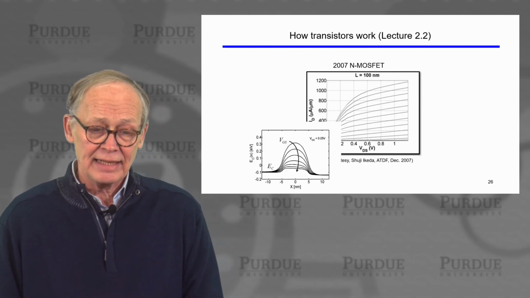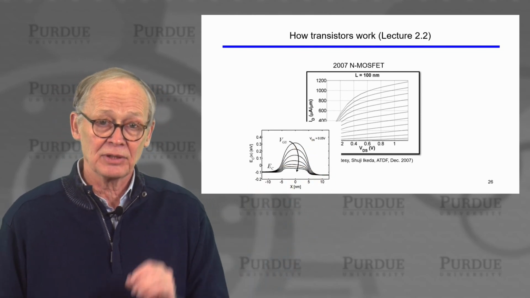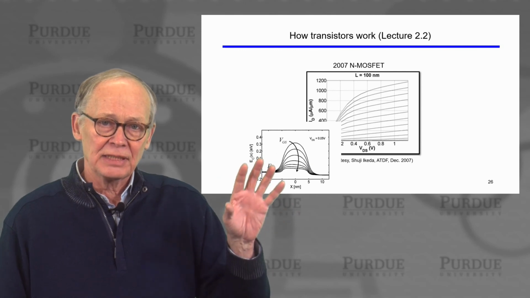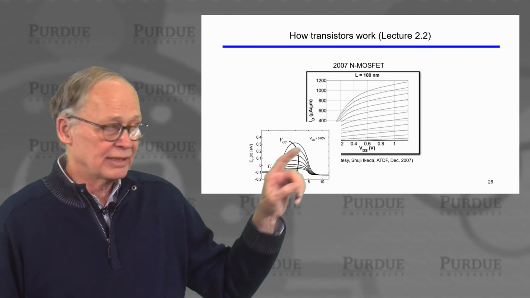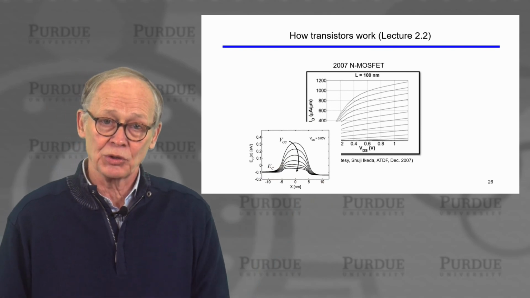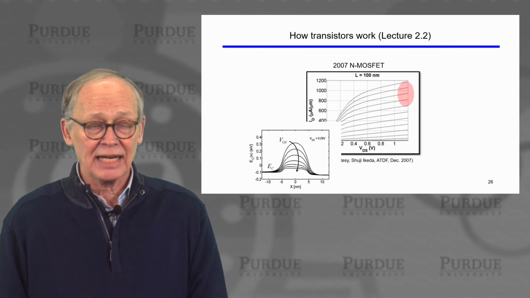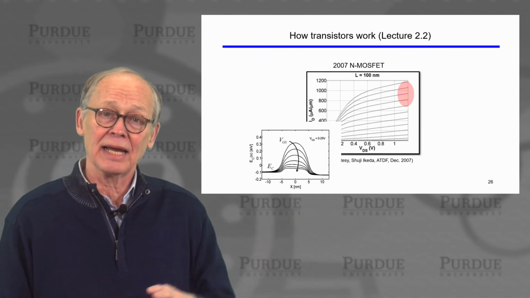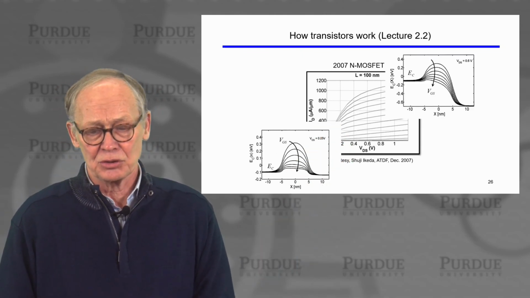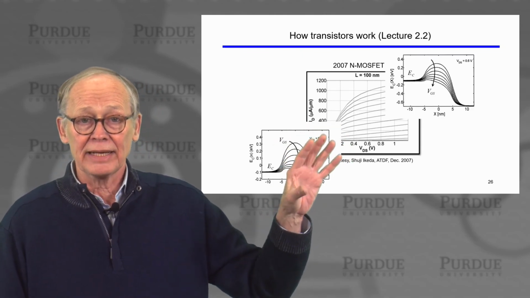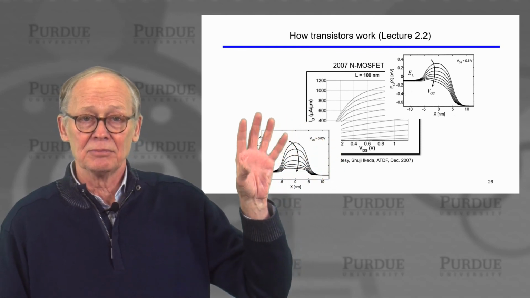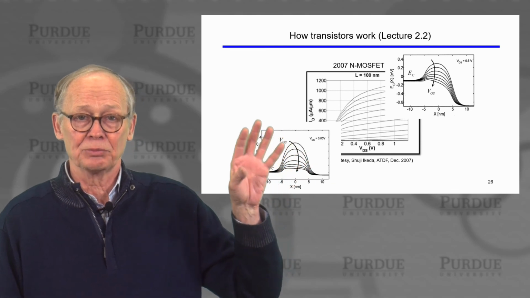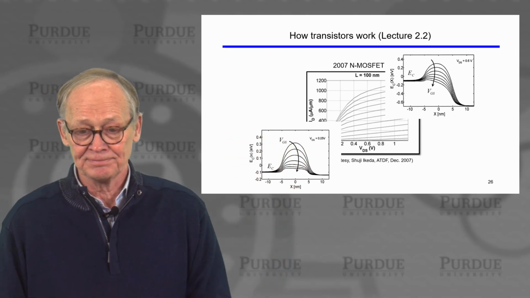And we explained that in terms of energy band diagrams. The gate voltage and the drain voltage modulate the energy barrier, and by pushing that energy barrier down, we get more current. The shape of this IV characteristic, as we explained back in Unit 2, can be explained simply in terms of energy band diagrams and manipulating heights of potential barriers with the gate voltage.